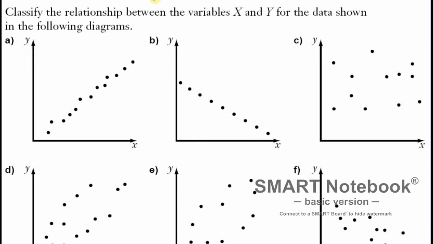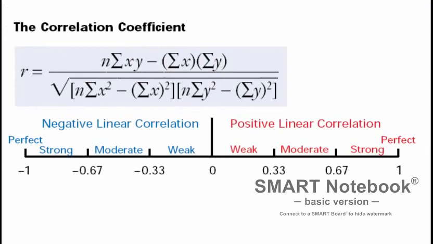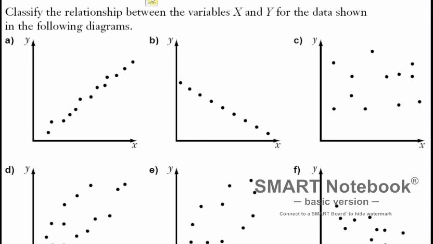And of course, that's where this correlation coefficient formula and the value we get from it really shows how great it is. But this first one here, I guess we would probably call it strong positive correlation. The second one here looks like perfect negative correlation, and those are the words we would use there. This third one certainly looks like no correlation. It doesn't look like there's any connection between variable x and variable y.